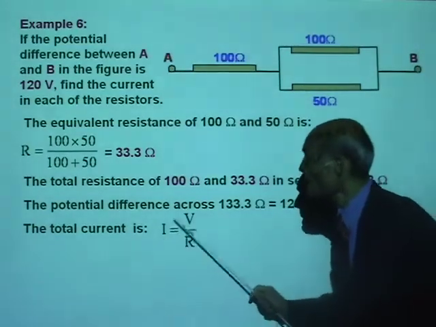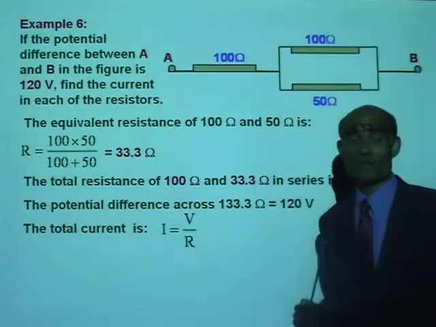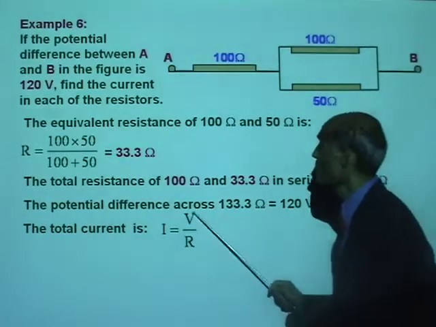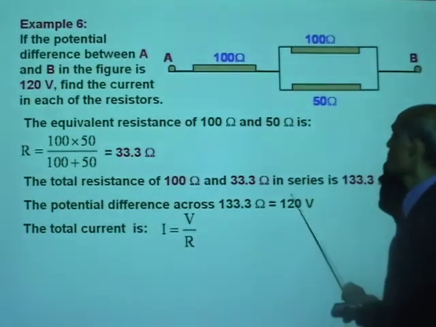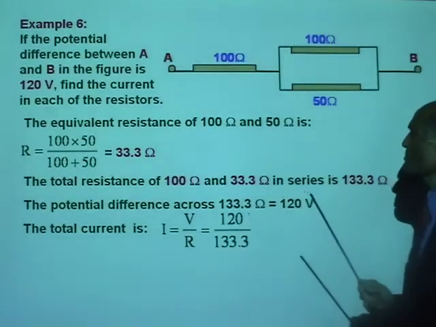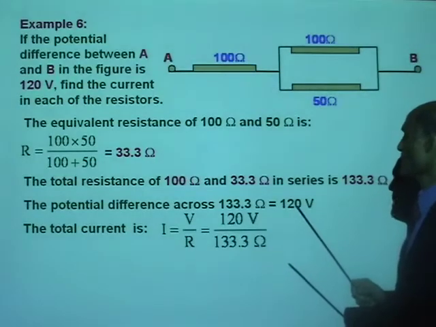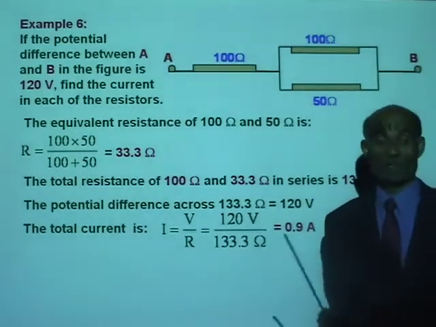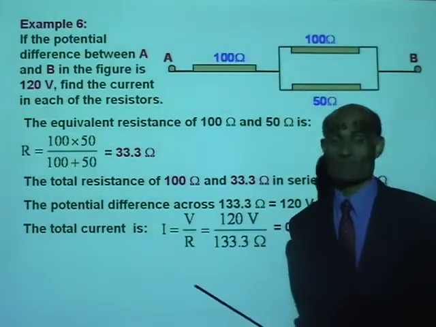Total current I is V over R. By now, these things must be part of your system. Total potential is 120 volts, total resistance is 133.3 ohm, and therefore the current is 0.9 ampere. That is the total current.